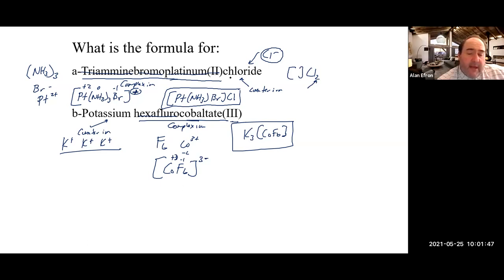In terms of the naming of the counter ion, you just name it whatever it is, regardless of how many there are. Like we may have talked about last time, if you have something like CaCl2, this would be calcium chloride, even though there are 2 Cl. So regardless of whether you have 2, 3, or 4 chlorides as the counter ion, you would just call it chloride.